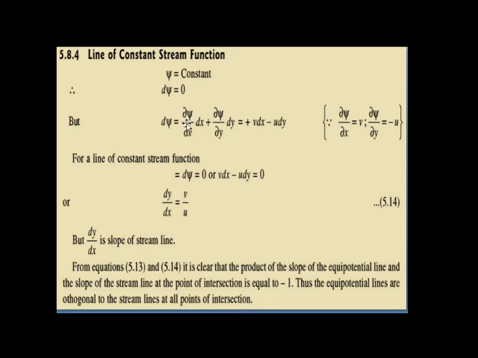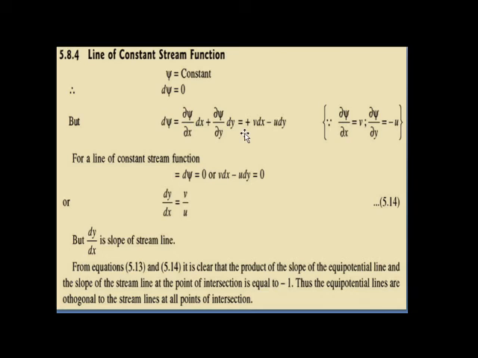As we know, the stream function is defined for two-dimensional flow, which means psi is a function of x and y. If we differentiate psi with respect to x and y, then d psi is equal to dou psi upon dou x into dx plus dou psi upon dou y into dy.